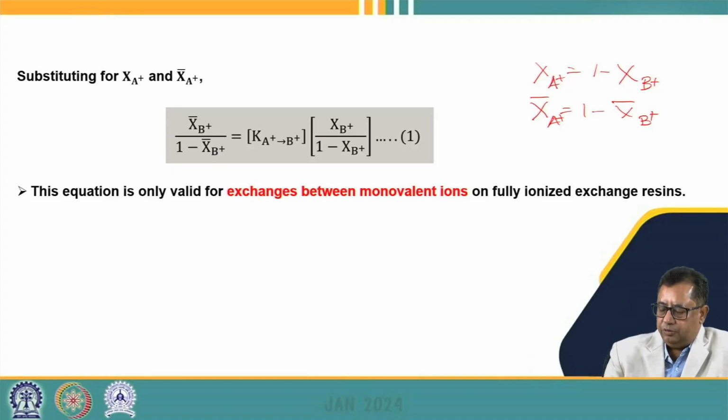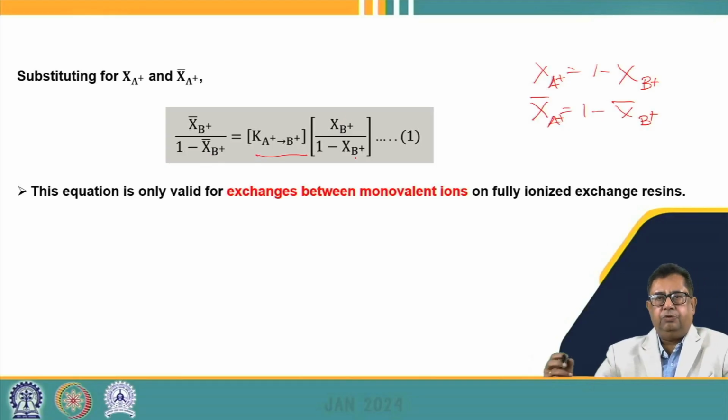Okay. So we can write in this way, and if we replace the previous selectivity coefficient equation, we get an equation like this: x bar B plus divided by 1 minus x bar B plus equals the selectivity coefficient into x B plus divided by 1 minus x B plus.